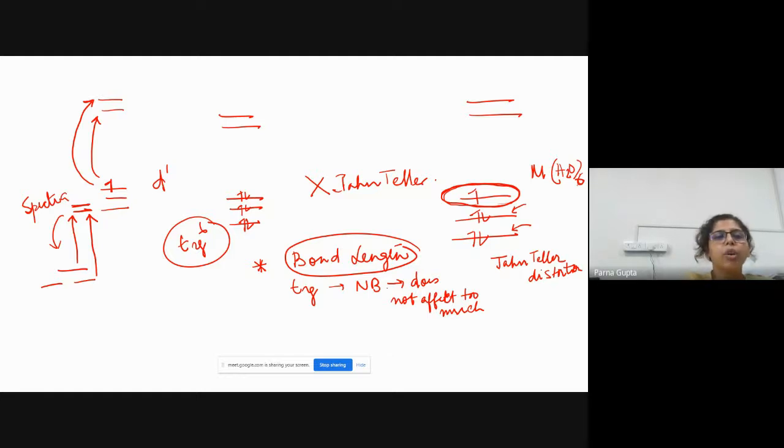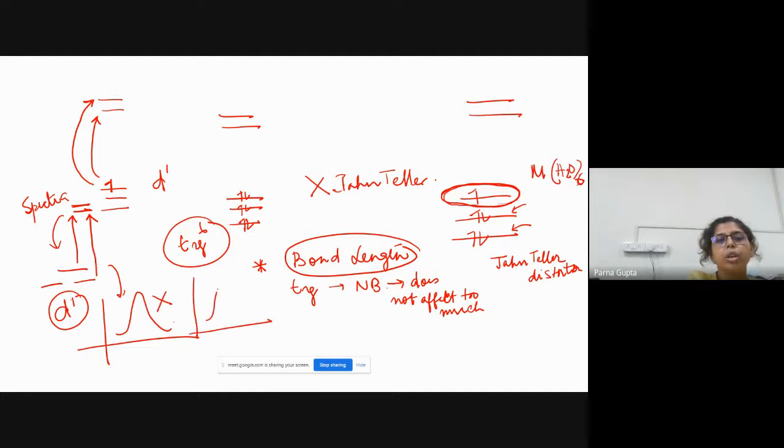In a d1 system, in the electronic spectra, you are supposed to see only one peak. But no, you see 2 peaks, and they are very close in energy. But this is the measure of that energy difference between these 2 pairs in Jahn-Teller. So this energy difference is reflected over this energy difference. Is it clear?